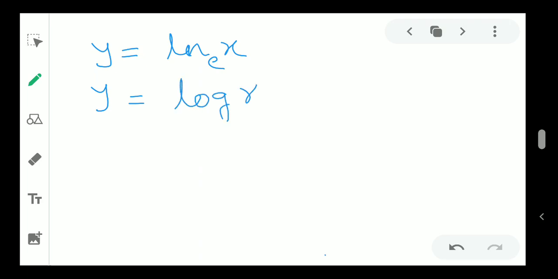so if you use ln, like y equal to ln x, in that case what will happen? First you have to convert it into log. So we can write that this is base e. Then you can write log x by log of 10 by e.